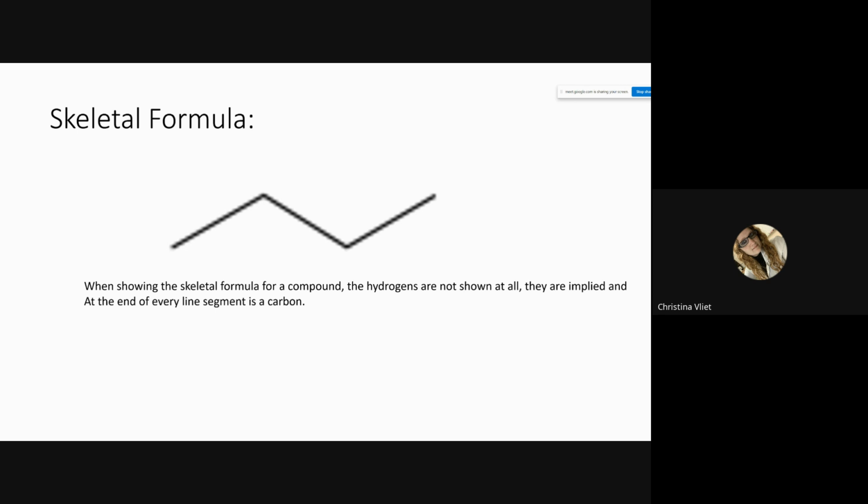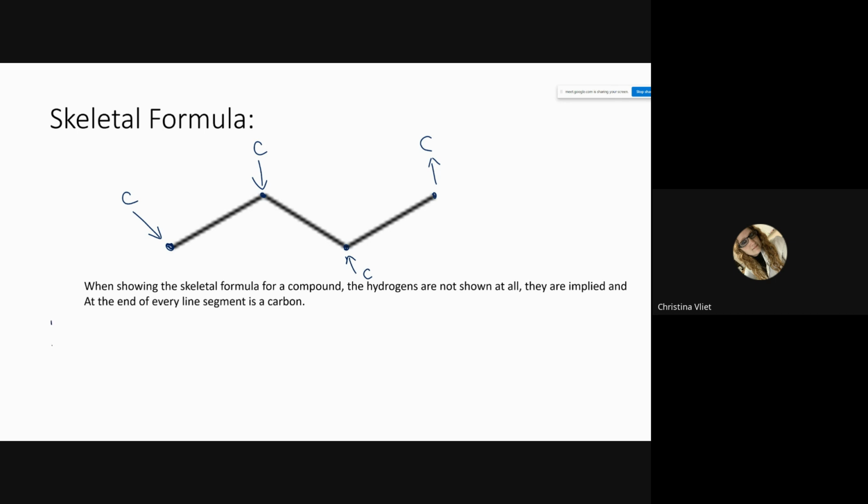And so here's what you need to understand. At the end of every line segment is a carbon. So this is a carbon, this is a carbon, this is a carbon, and this is a carbon. So at the end of every line segment, in these zigzag lines, you have a carbon. In the skeletal formula, hydrogens aren't shown at all. You just know they're there.